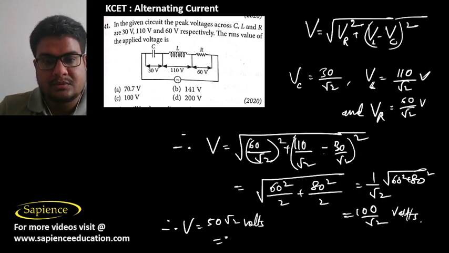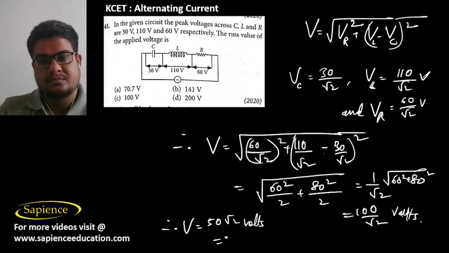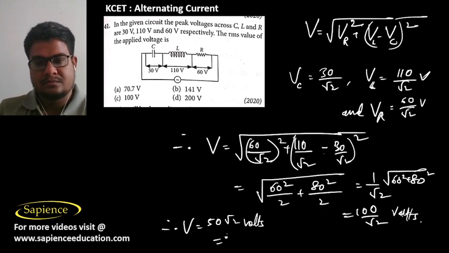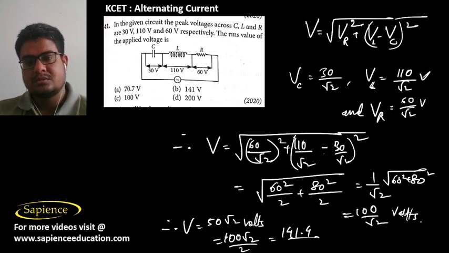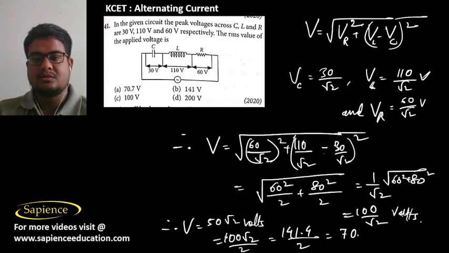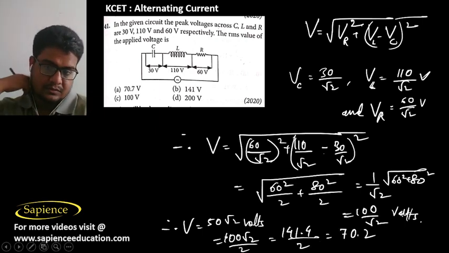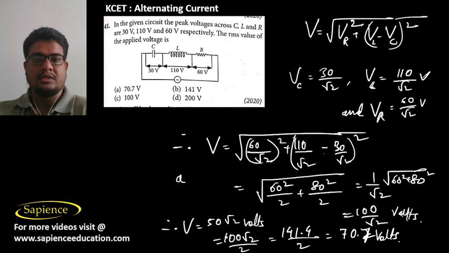Root 2 means it is 100 into root 2 by 2, which, root 2 is 1.414, 141.4, right? 7 twos are 14. That is 70.7 volt. Option A is the correct answer.